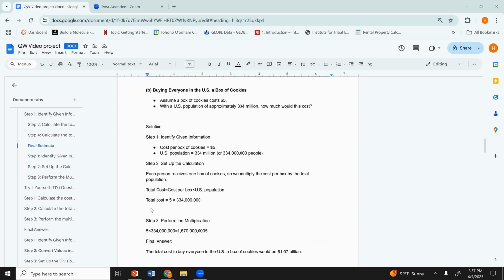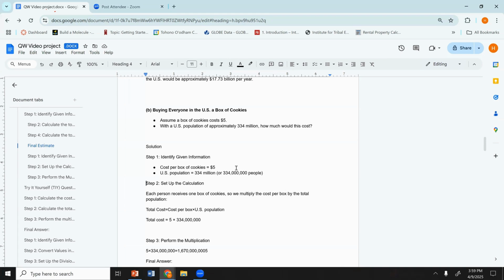We just need to know how much it costs per box of cookies and the population that we're going to serve. That's indicated in the question: $5 per box and 334 million people. If we were to buy a box of cookies for 334 million people, how much would that cost us?